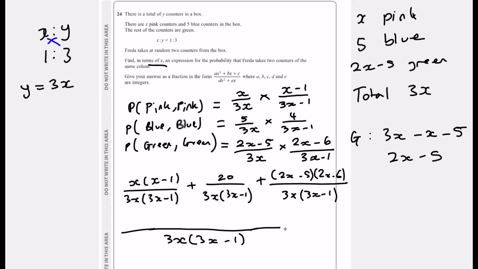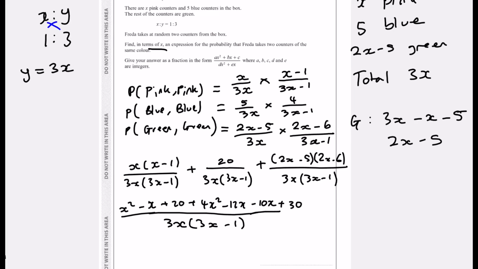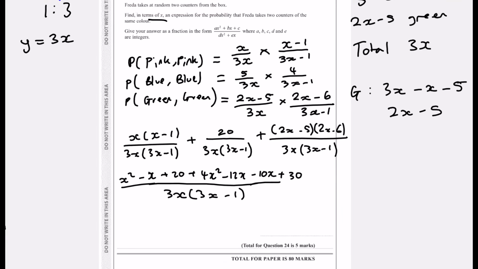And then, for the sake of space, I'm going to expand them as I go. So X times X is X squared. X times negative 1 is minus X. We've got plus 20, plus 2X times 2X, 4X squared. 2X times negative 6, negative 12X. Negative 5 times 2X, negative 10X, and negative 5 times negative 6, plus 30. So we have 5X squared.